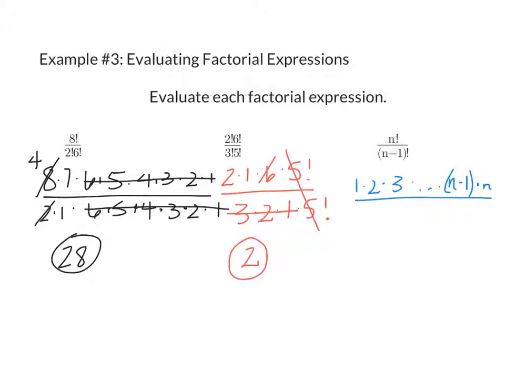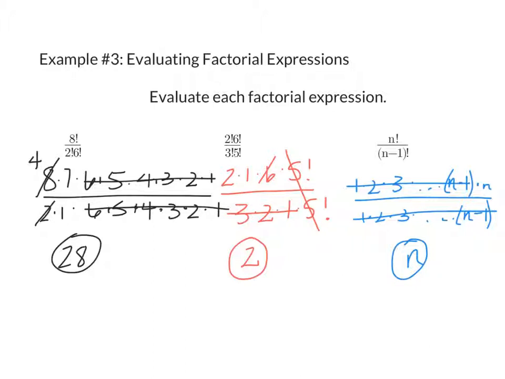Over n minus 1 factorial, which would be 1 times 2 times 3 times all the way up only until n minus 1. Everything in the denominator cancels with the numerator all the way up to n minus 1, and so we're only left in the numerator with n, so our answer is n. That one's a little bit more abstract of a thought process, but that is it.